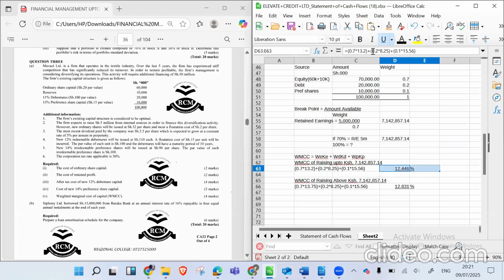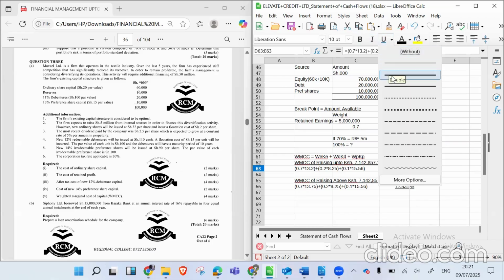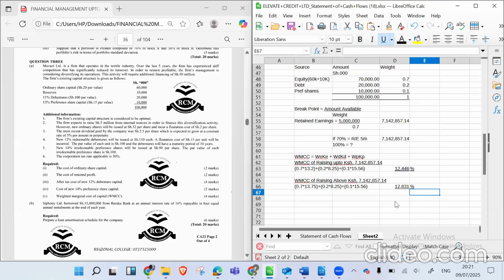Any swali? So WMCC zitakuwa mbili. Zitakuwa mbili. Any question?